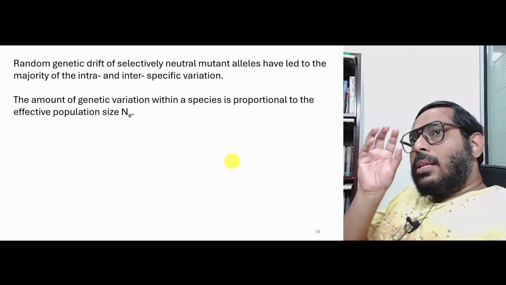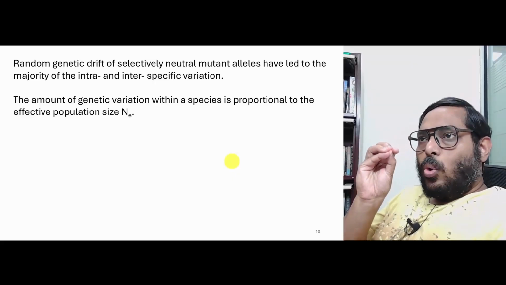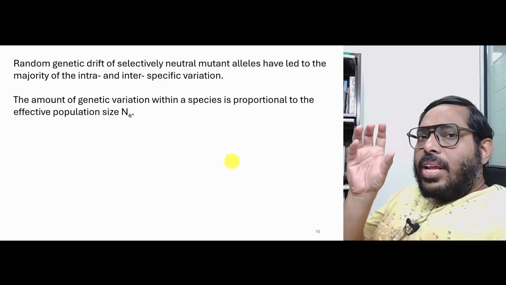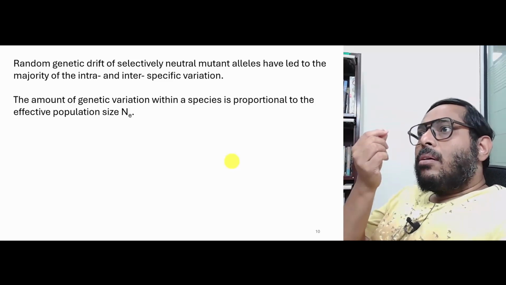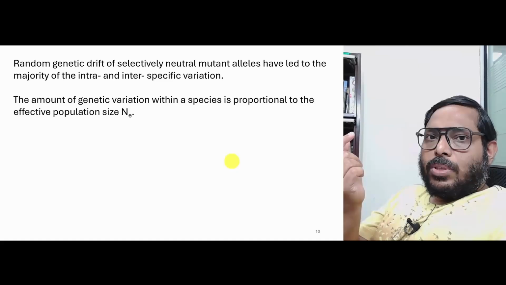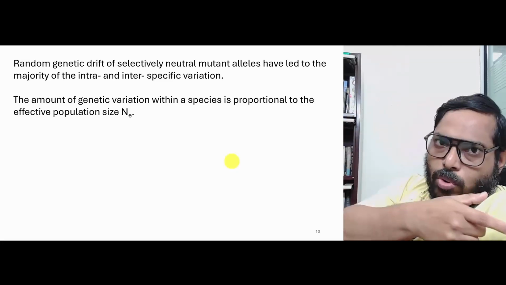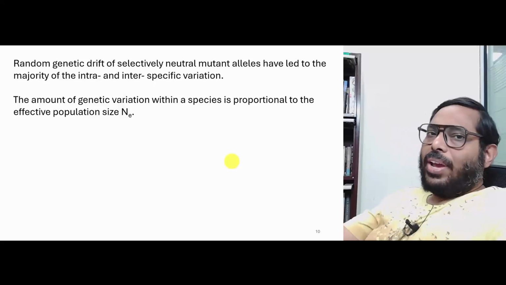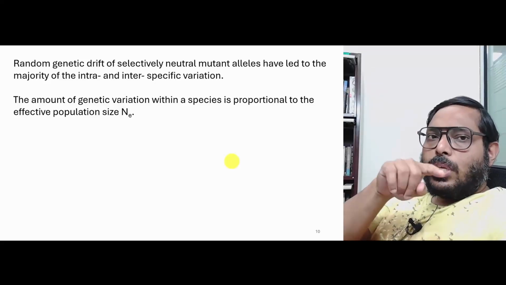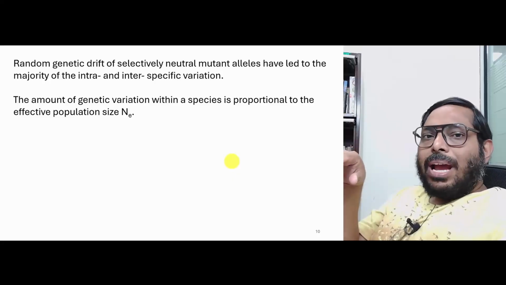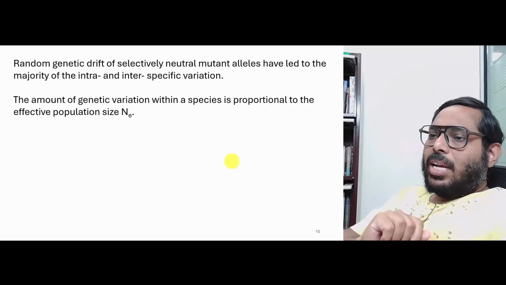We have seen that when the effective population size is very low, the effect of drift is going to be very high. And when the effect of drift is very high, we know that there are only two things possible. Either a particular mutation or a particular allele is going to get lost, or it is going to get fixed, right. Frequency equal to 0 or frequency equal to 1, and once these happen, barring back mutation, that is going to be the stable state.